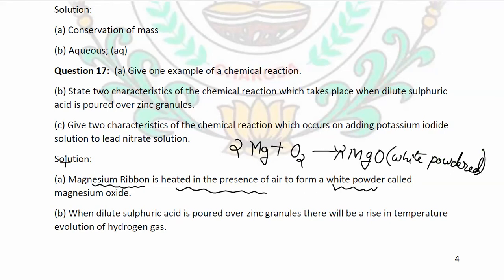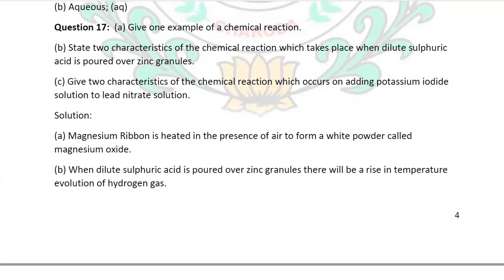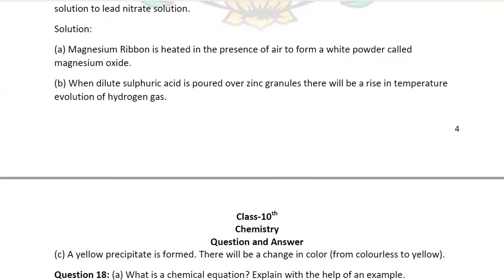Okay, like this. Next, the second question here was when we were adding dilute sulfuric acid over zinc granules, what was the reaction which was taking place here? Okay, so when we add dilute sulfuric acid over zinc granules, what will happen here?